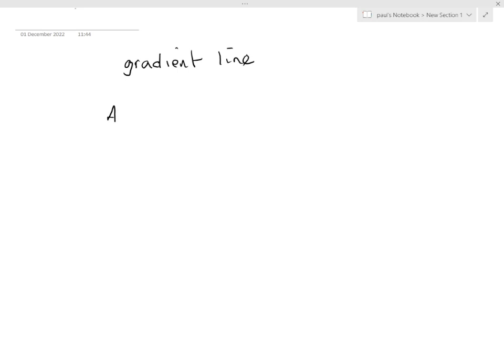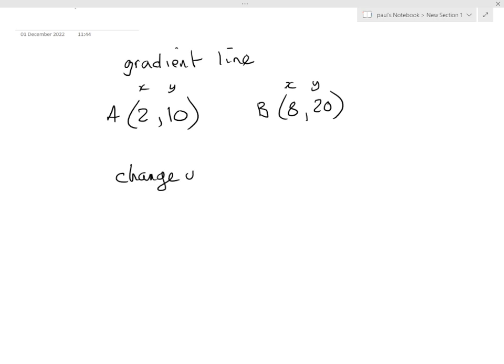So point A is 2, 10, and point B is going to be 8 and 20. Now, this is the x, this is the y, this is the x, this is the y. Now remember, it's the change in y divided by the change in x.